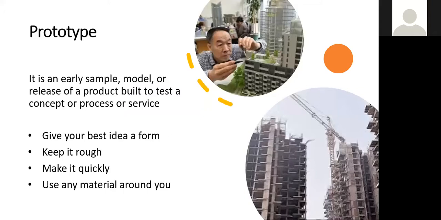It is an early sample, model, or release of a product built to test a concept, process, or service, right? As we discussed earlier, it's a sample or a model of the product or the service which we will try to build to solve a particular problem a consumer or somebody who needs it is facing.